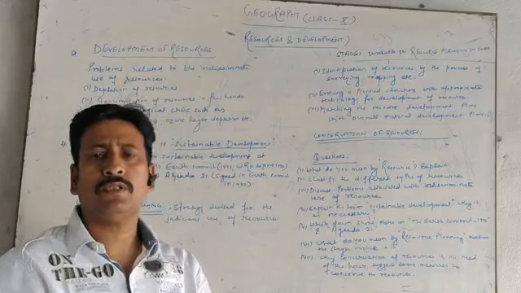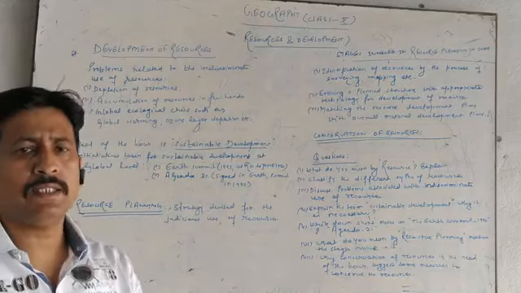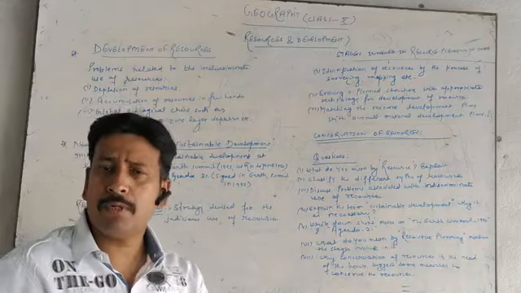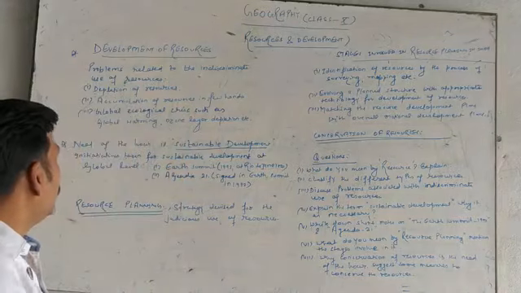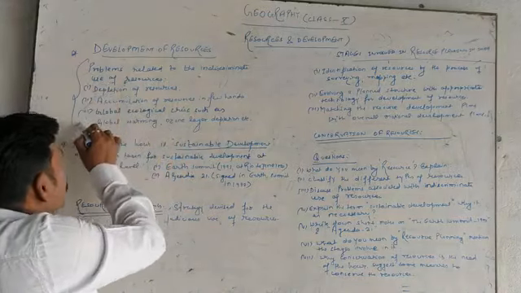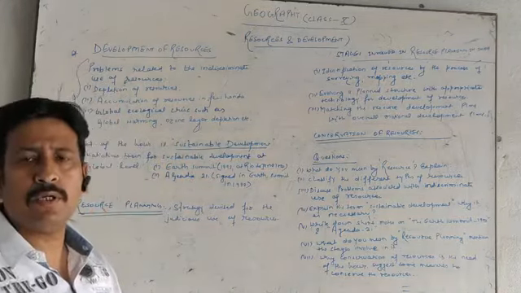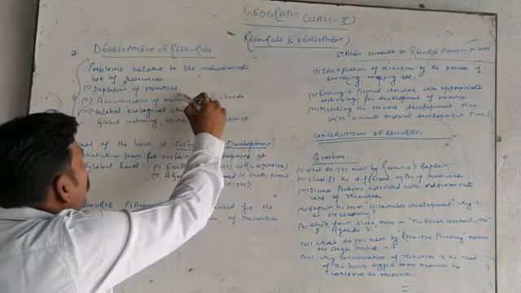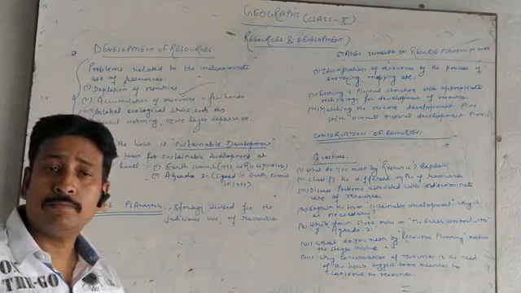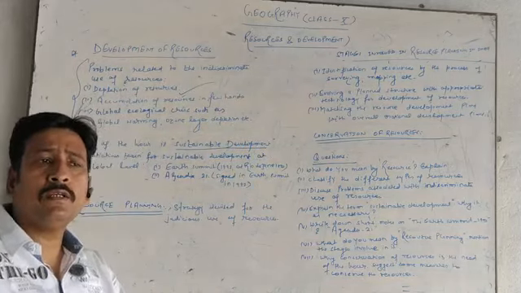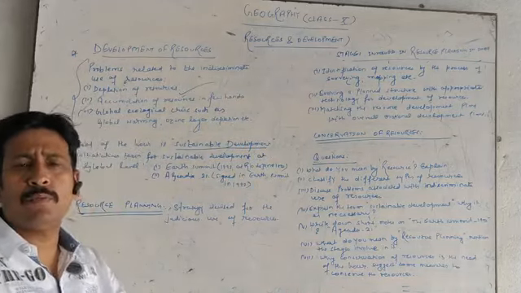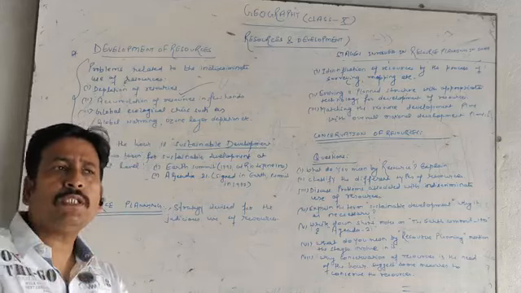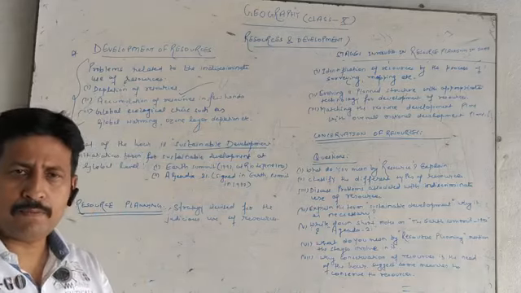First, let us concentrate on the problems that arise due to the indiscriminate use of resources. There are three types of problems. The first one is the depletion of resources. As we are utilizing the resources without thinking of the pros and cons, the resources are being depleted day by day.